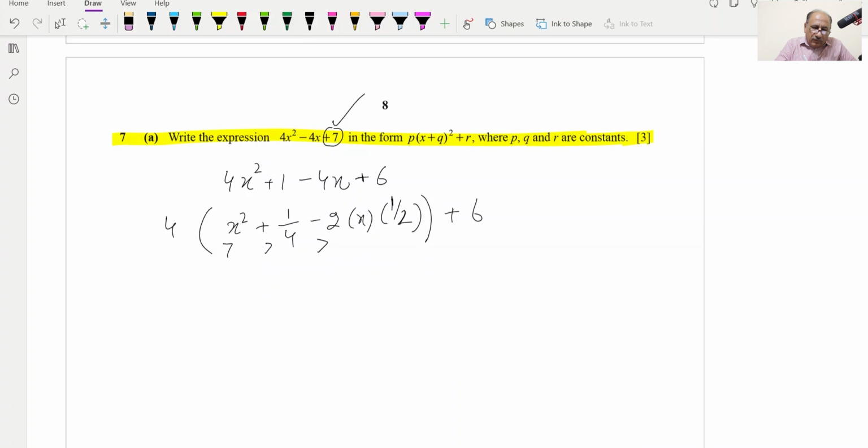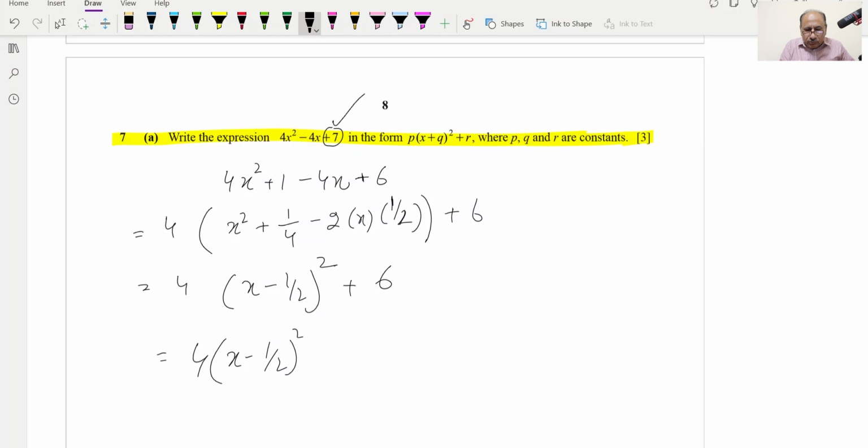And then in the next step, we can write it as, this portion is x minus 1 by 2 whole square, and plus 6, and this is our final answer, x minus 1 by 2 squared plus 6.